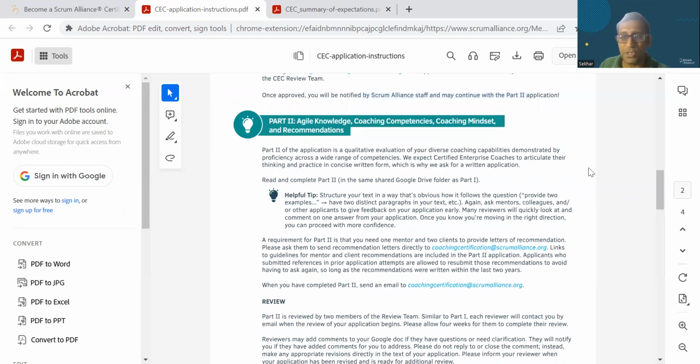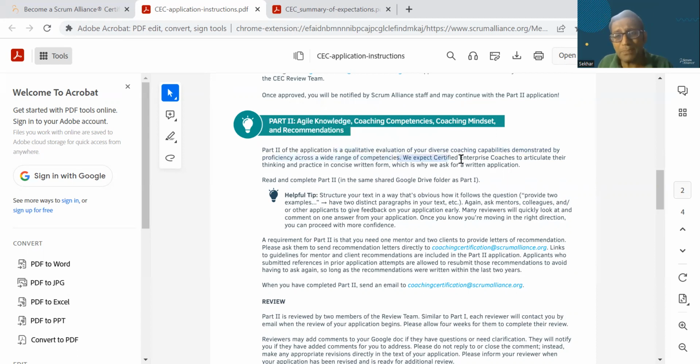Now, part 2 is where there is a lot of focus. Part 2 really evaluates the qualitative competency of your coaching capabilities, determined by proficiency across a wide range of competencies.